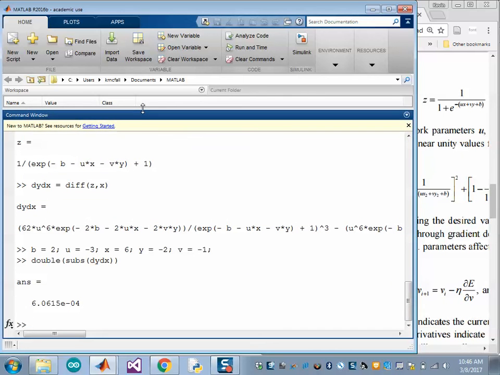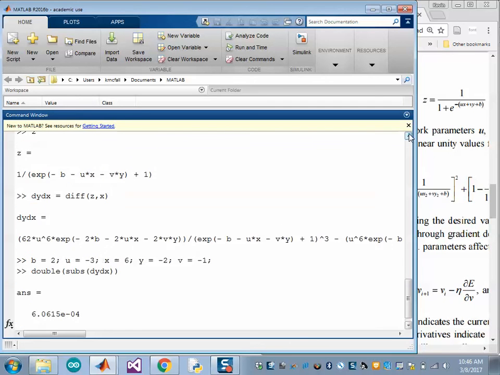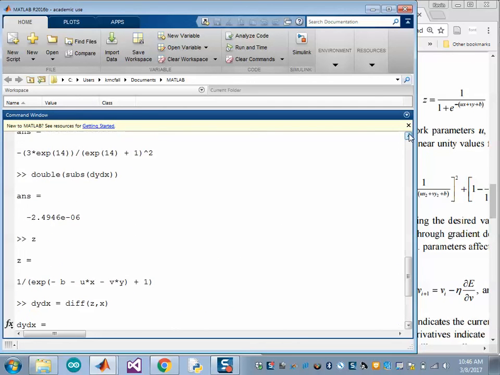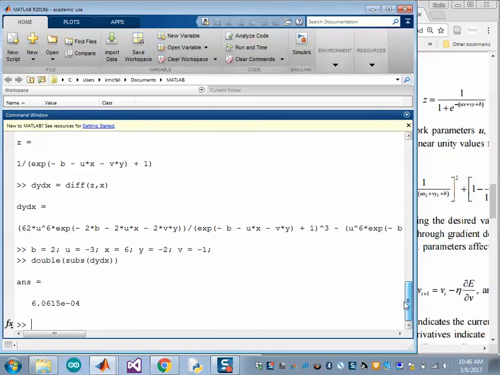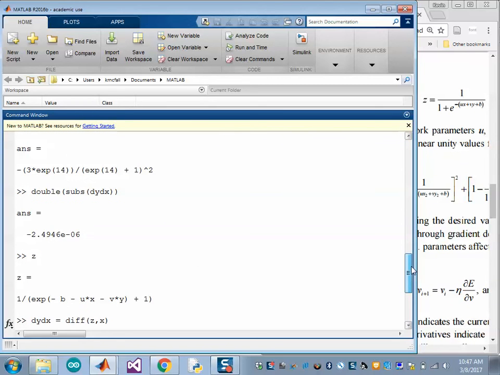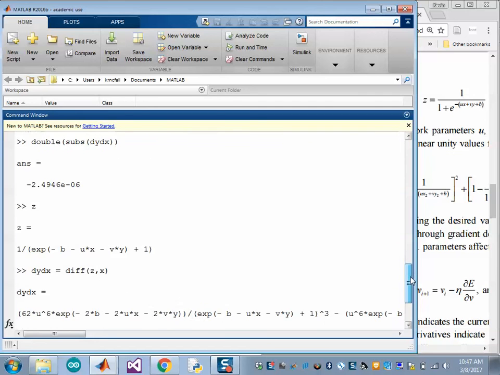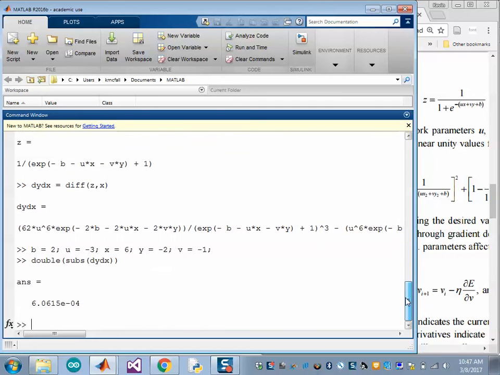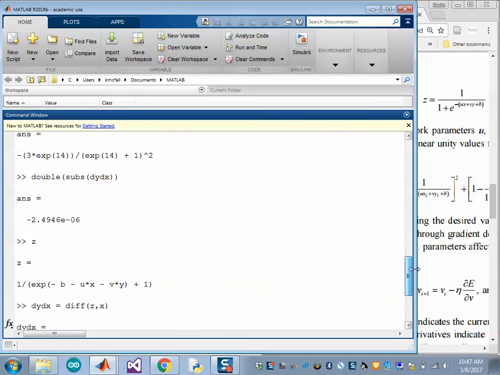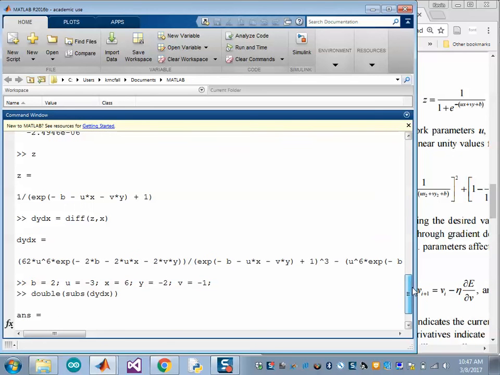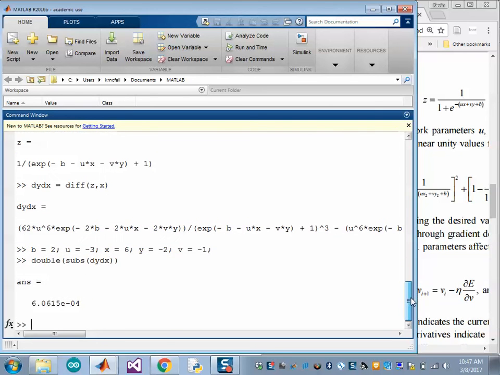What's that? It came up with something different that time. I don't know. Did I give it v? Yeah, I don't know. Isn't that interesting? Something's different. Oh, I know what it is.